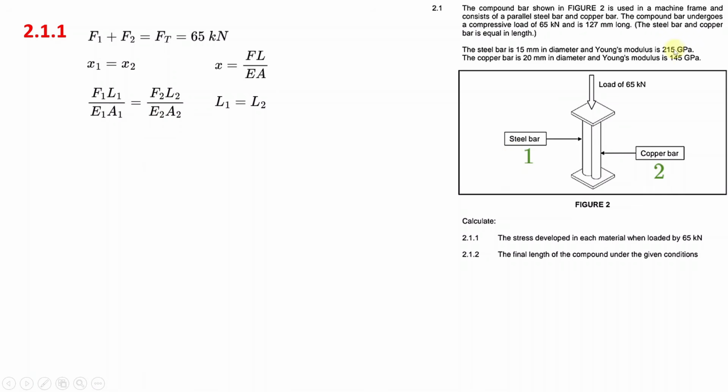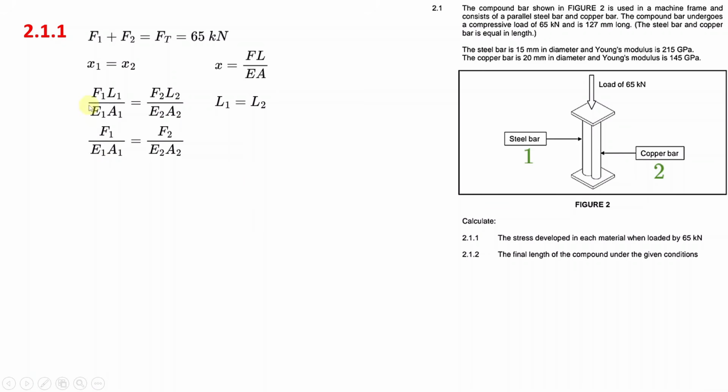They have different Young's moduli. So that's what you can see here. For steel, it's 215 gigapascals, and for copper, it's 145 gigapascals. And also because they have different diameters, their cross-section areas will not be equal. Okay, so now we will plug in the numbers.